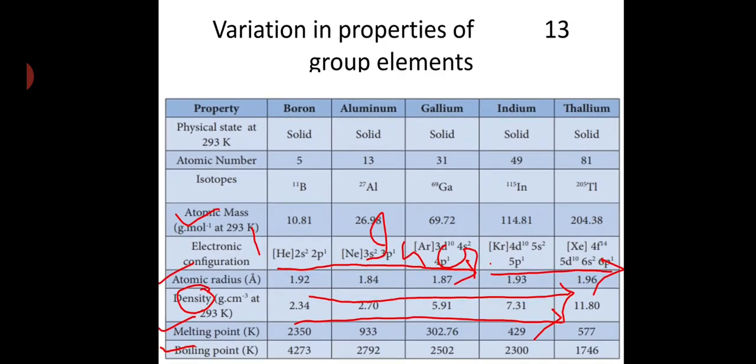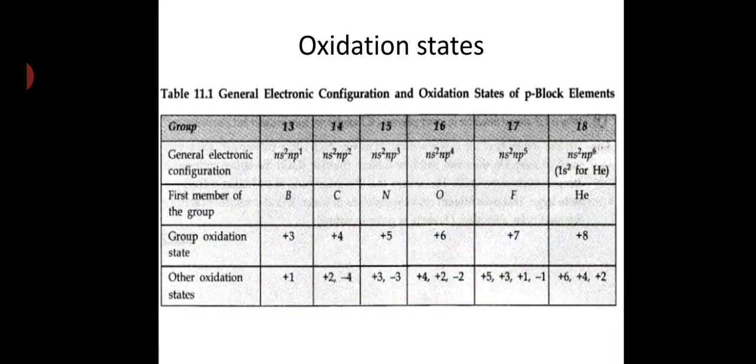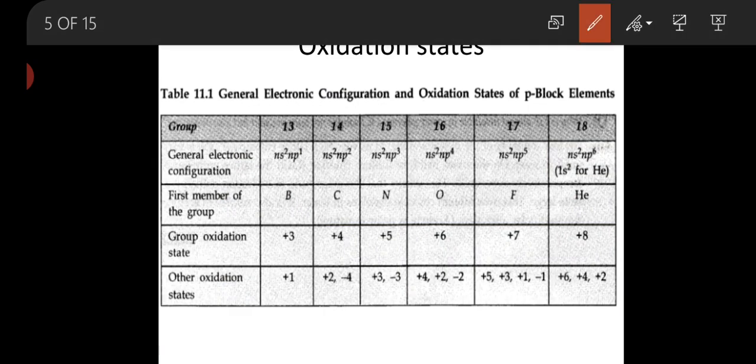Next, the general oxidation numbers. For oxidation number we should know the electronic configuration. Here we have given the general electronic configuration of all the p block element groups: 13, 14, 15, 16, 17 and 18.